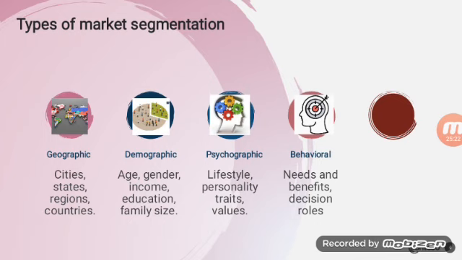Needs are those things that you cannot live without. Wants are supported by desire, after you fulfill your needs. So both people's wants and needs are totally different. This is an example of psychographic based on lifestyle.